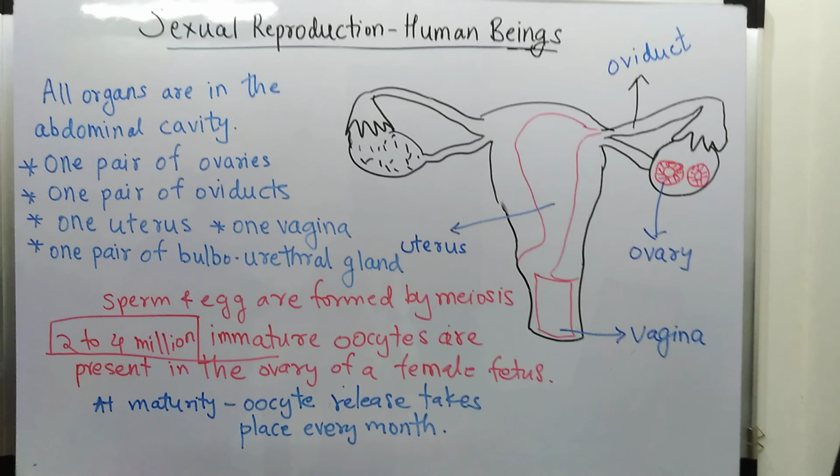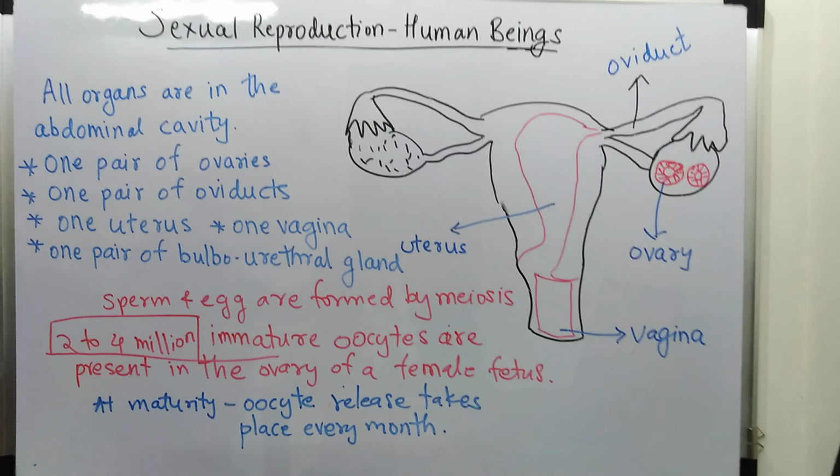So an oocyte matures and is released from the ovary every month from the beginning of maturity to the age of 45 to 50. Menopause is the stoppage of functioning of the female reproductive system. Already 2 to 4 million oocytes are present at the time of birth.